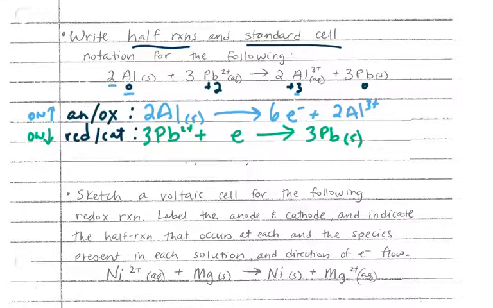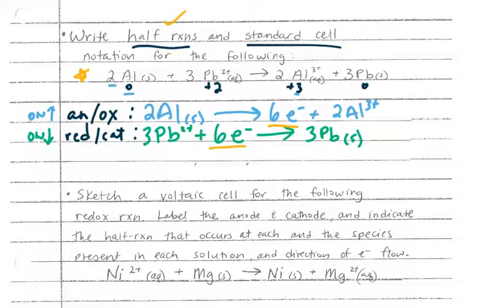So each of those lead ions is gaining 2 electrons, and there's 3 of them, so 3 times 2 is 6. 6 electrons are gained. And we want to make sure that these electron numbers match, so that they would cancel out if we added these 2 reactions together, and we would get the overall reaction here. And we do. So we've written out the half reactions, check.